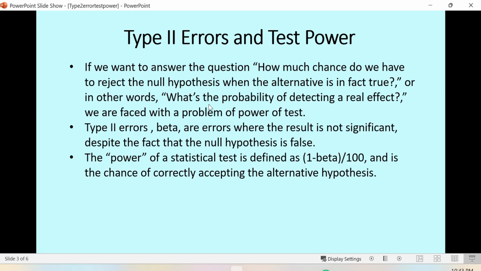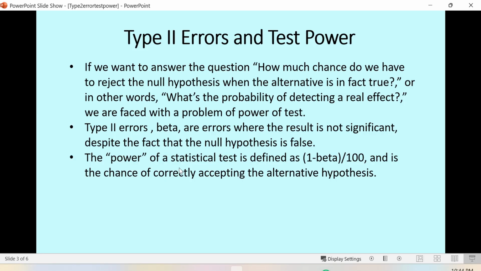And this error is type 2 error. We call it beta. So which means that the null hypothesis is false, but you did not reject it.